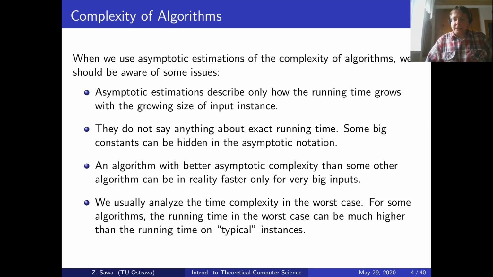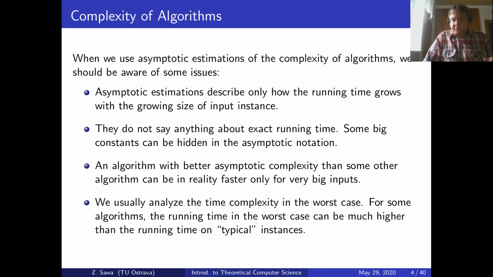So it can easily happen that, for some small inputs, the algorithm with greater asymptotic time complexity could be in fact faster.